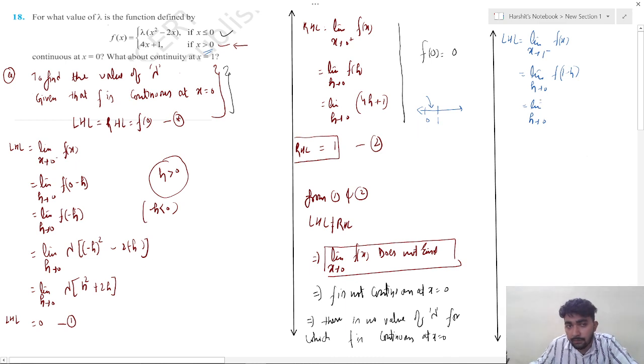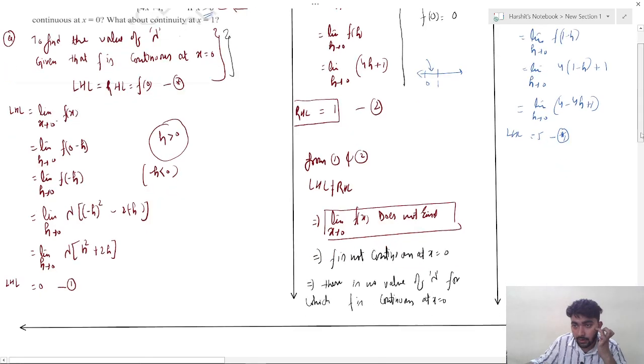So that's why f of 1 minus h is 4 times (1 minus h) plus 1, and if we apply the limit, first we simplify it: limit h tends to 0 of 4 minus 4h plus 1, and here we get 5. This is your star 1, this is our LHL.